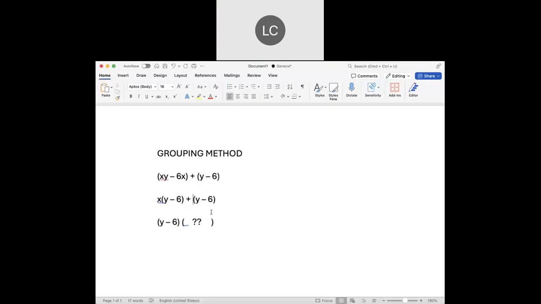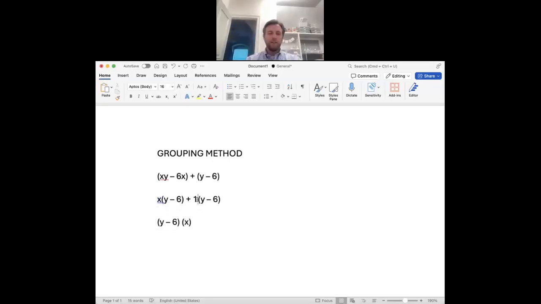If you don't see a number in front of the parentheses, there is always an invisible 1 somewhere that comes out, just like a stalker. Just like, hey, I'm here. Don't forget about me. So we take the x from in front here, and we take the plus 1 there. Don't forget, there is a 1 there. When you pull this out, something's got to stay behind to hold its place. The 1 is there, holding its place in line.